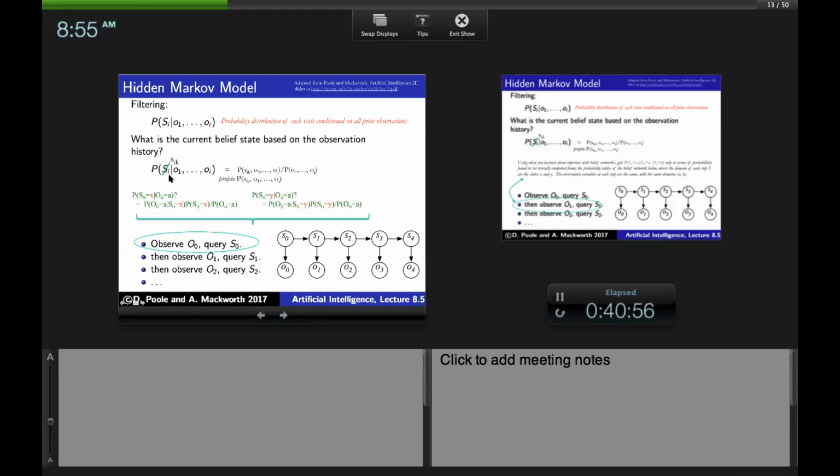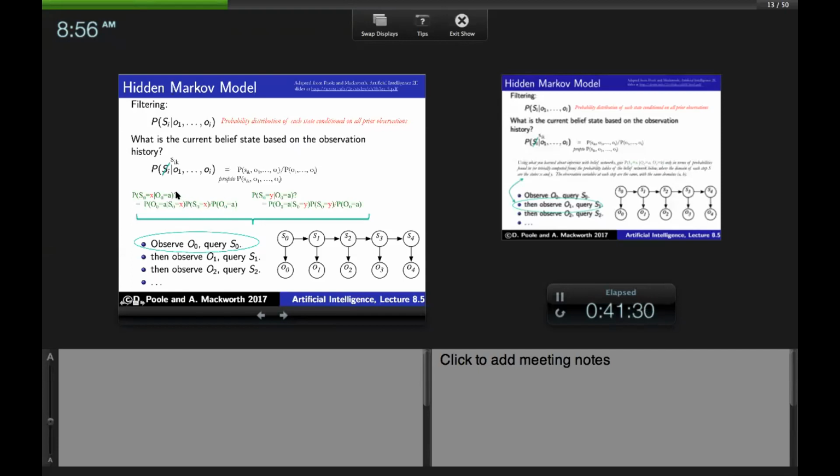In this case, we just apply Bayes' rule and rewrite this conditional probability of state equal X, given the observation equals A, as the probability of A given X times the probability of X, divided by the probability of the observation being A. So we're re-expressing it as something we know will be in the probability tables.